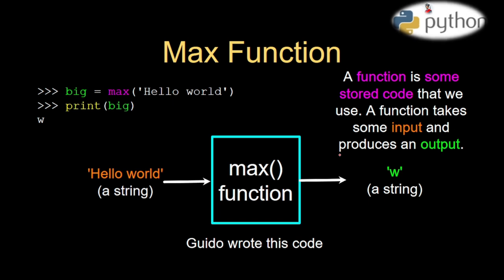So what the max function does: a function is some stored code that we use. A function takes some input, processes some steps or operations, and produces an output, like this one.